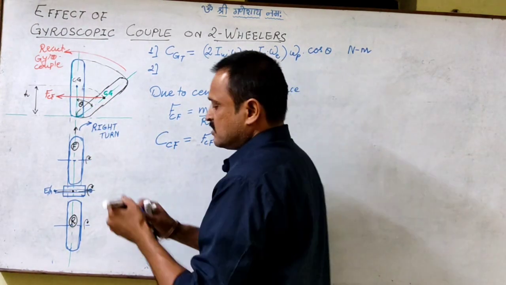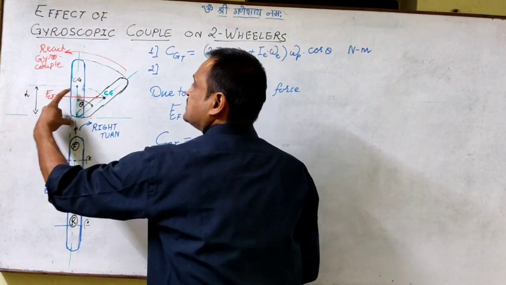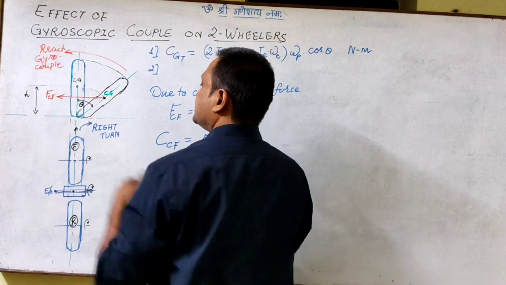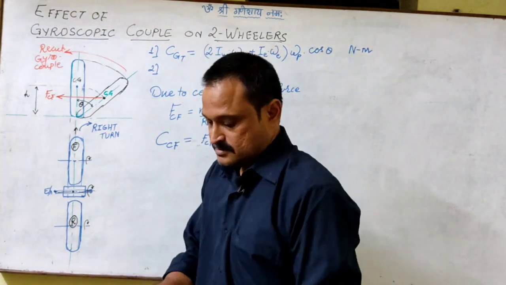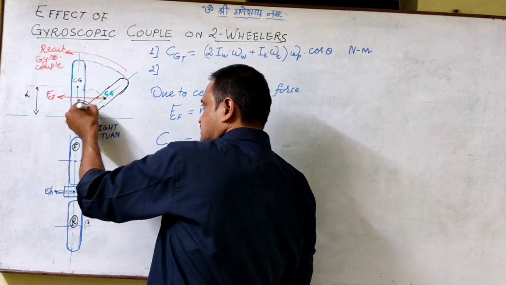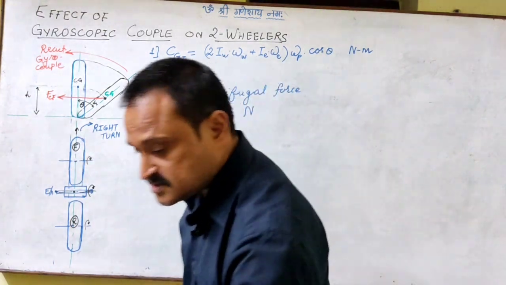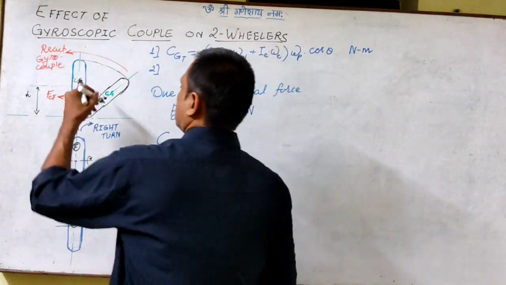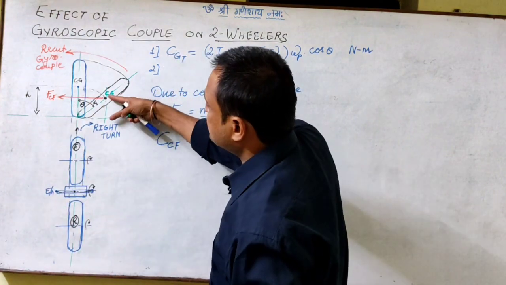We have said that this is height h which is getting tilted. So we need to find out this distance.